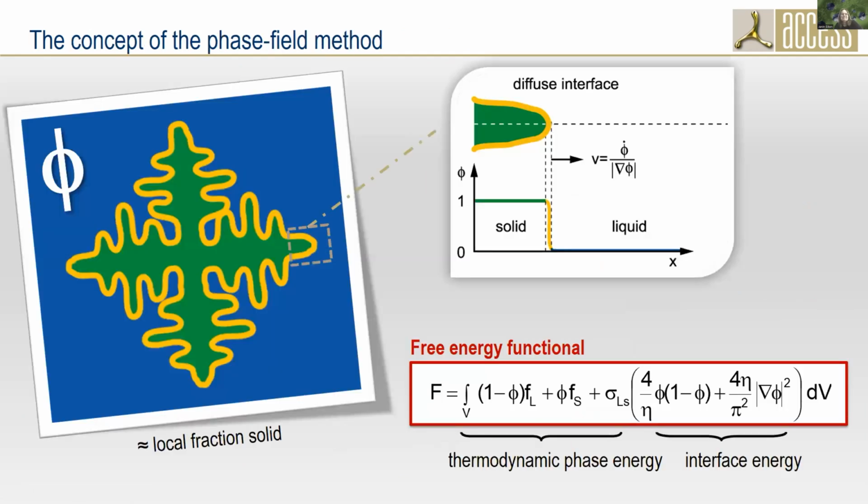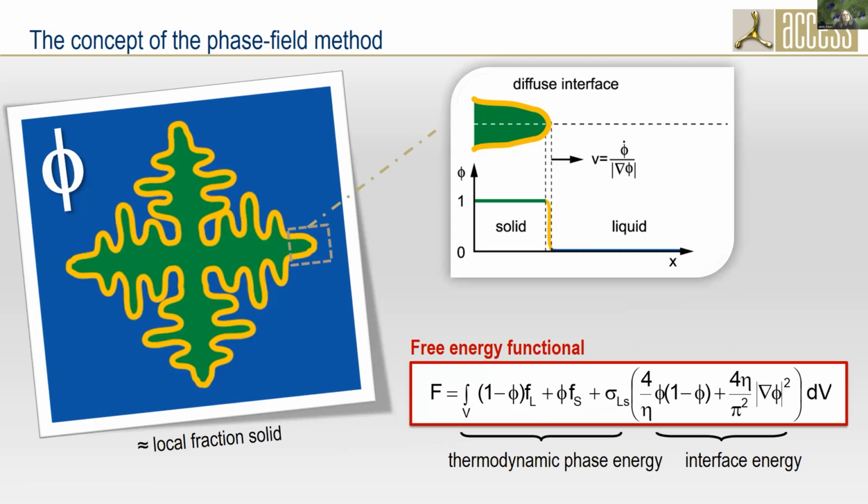Okay, MICRESS is a phase field software, as I told you, and now I know I should not give too many equations, but I have to at least give an overview of the concept of the phase field method, and we'll start very simple.